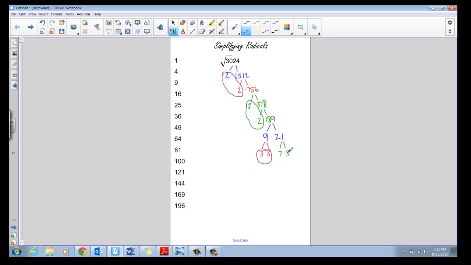And I'm left with 7 times 3, right, without a pair. So if they are without a pair, I'm going to go ahead and leave those under the radical, 7 times 3. Since I had a pair of 2s, that's going to come out here. I got another pair of 2s, that's going to come out here. And I got a pair of 3s, so that is going to come out here.